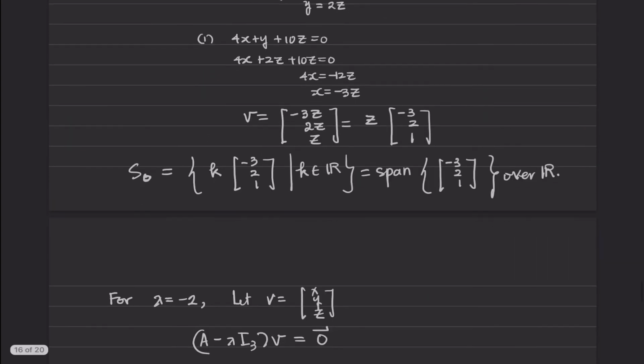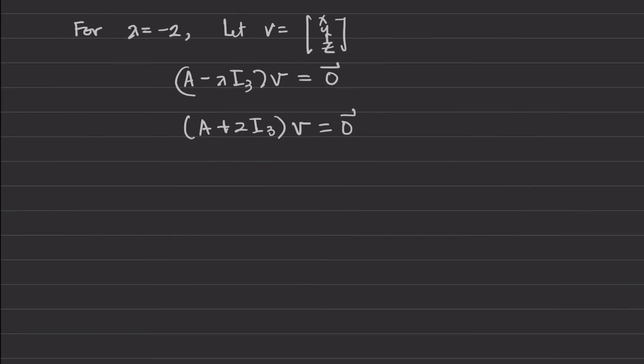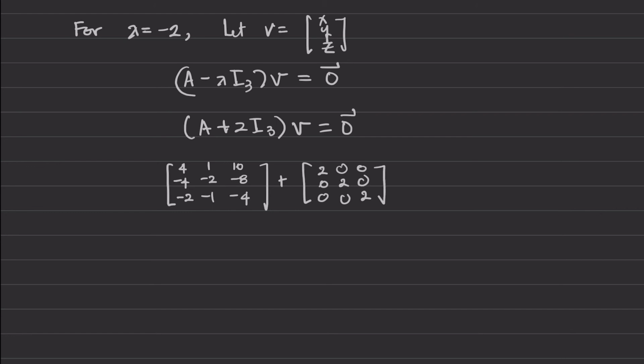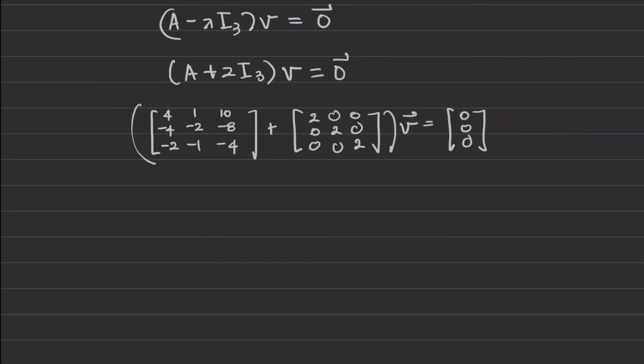Ayan. Okay, so A plus 2, 2, 2. So, dadagdagan mo lang actually ng 2 yung mga diagonal entries ni A. Yun yung sinasabi nito. Is equal to the 0 vector. So, ano ba to? Gawin natin.